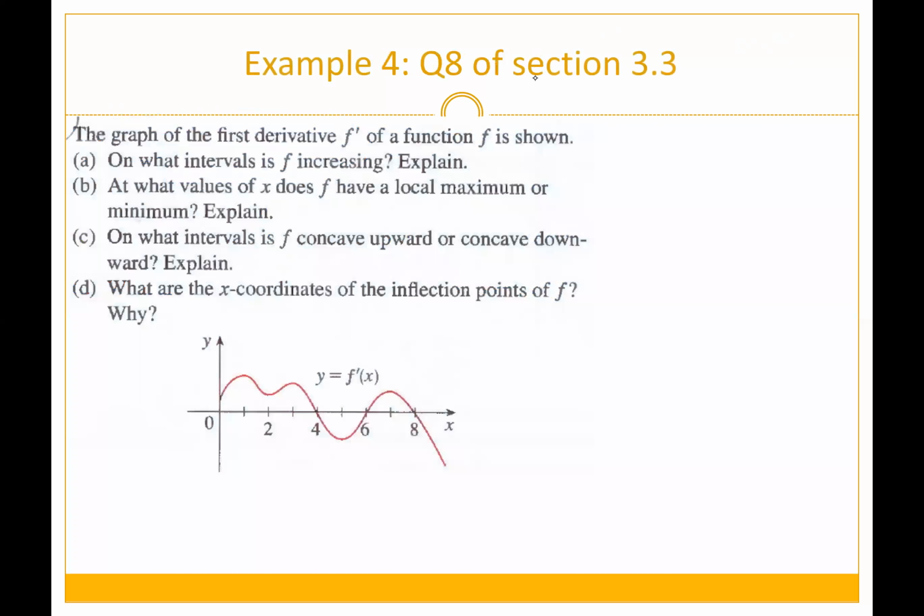We're going to go through three more examples. Example 4 is question A of section 3.3. It gives us this graph, and please read the instruction. It's the graph of the first derivative, and it's not simply the graph of f(x) like we wanted. It's asking us to use this graph to answer the questions, so be careful what you're doing.